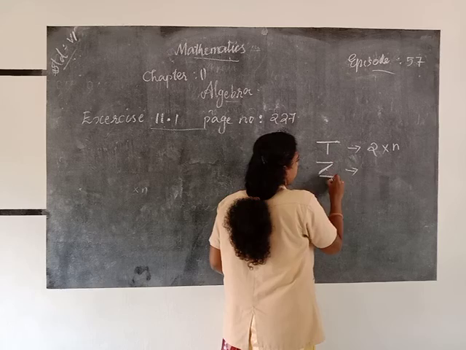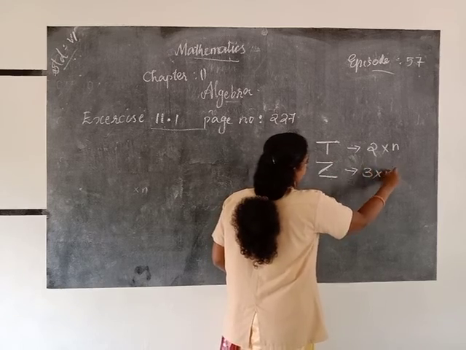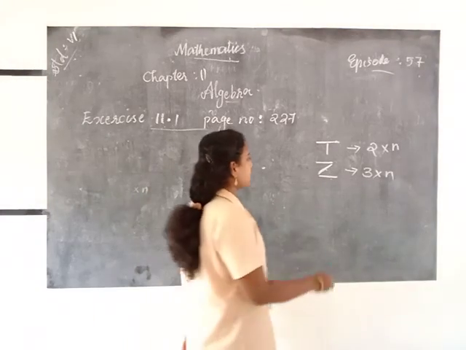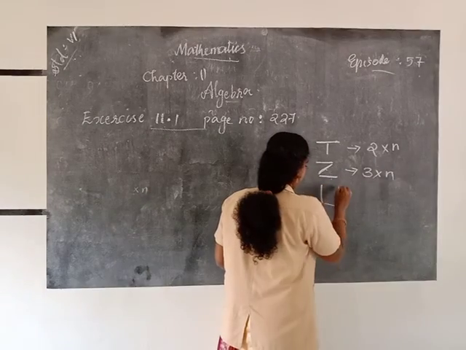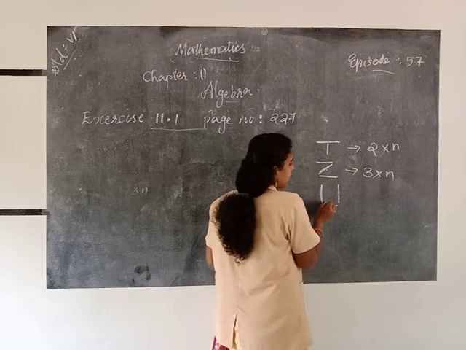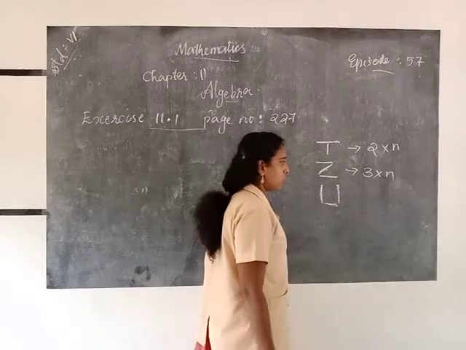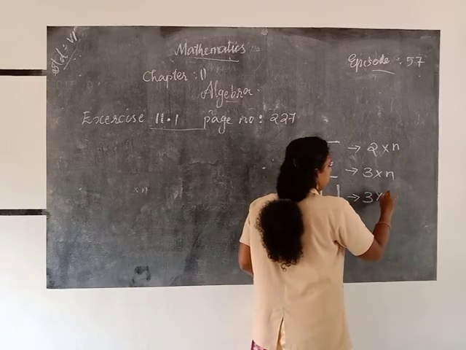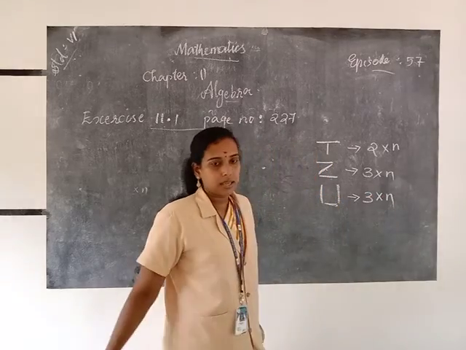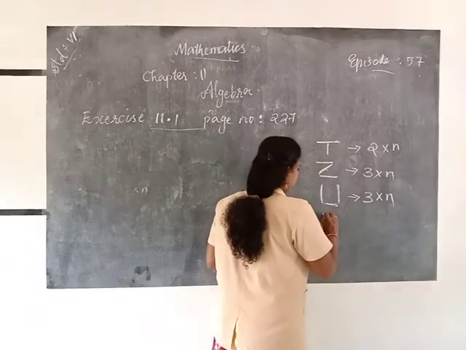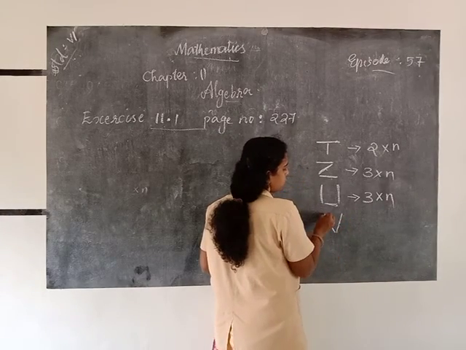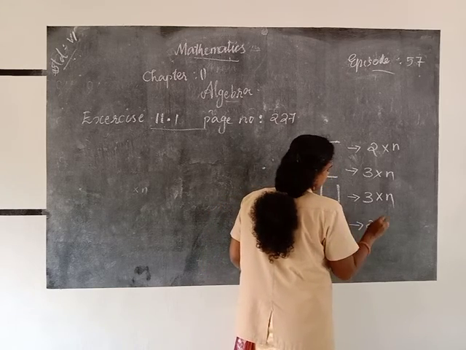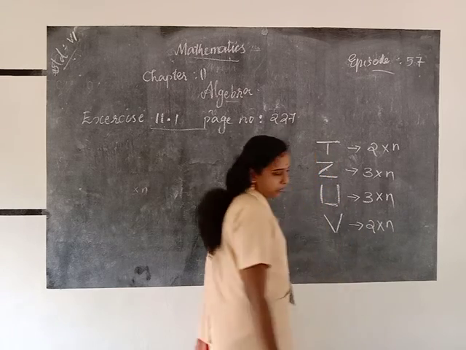So the rule is 3 into the number of Z's, that is 3N. Then the next letter is U, and here we also use 3 matchsticks to make a letter U. So the rule is 3N. Then the next letter is V, and here we use 2 matchsticks to make a letter V. So the rule is 2 into N.